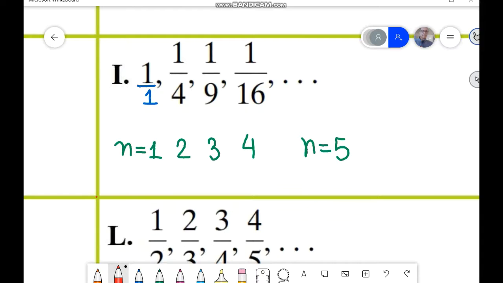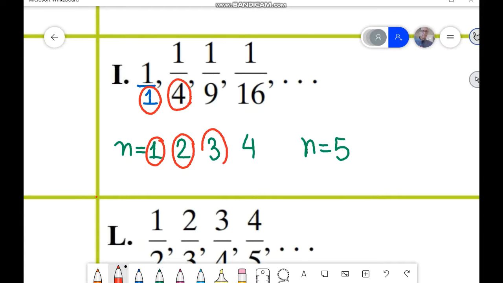And this is the order, right? First term, second term, third term, fourth term, and we want to find n equals 5, the fifth term. If n equals 1, the denominator equals 1. If n equals 2, the denominator equals 4.